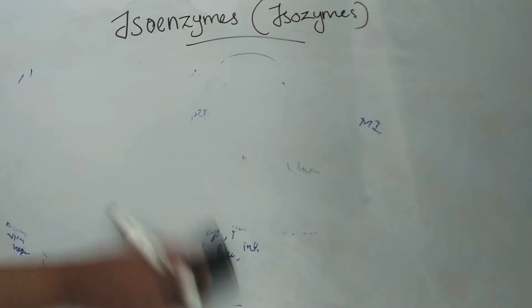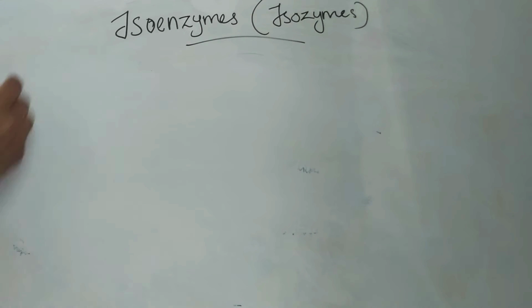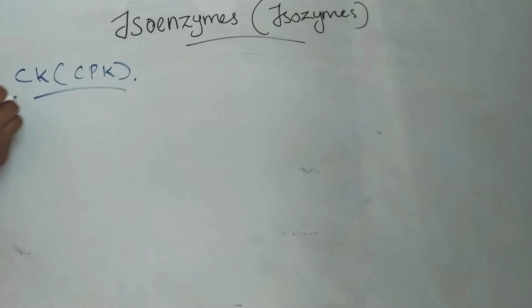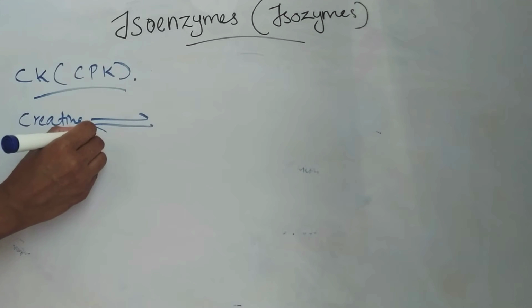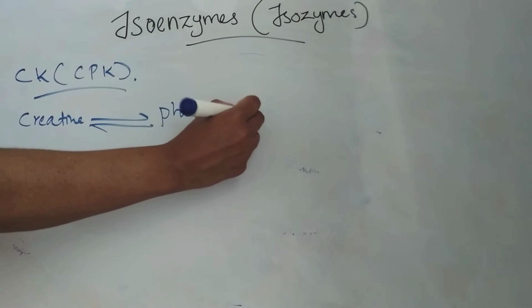Next one is CK or CPK, that is creatine kinase or creatine phosphokinase. This creatine kinase catalyzes the conversion of creatine to phosphocreatine.